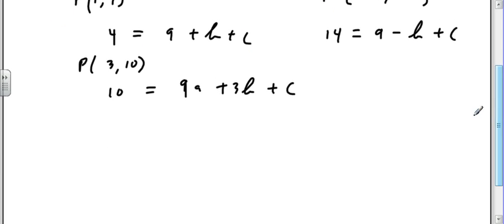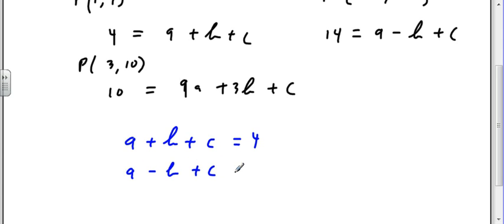All right, so now I have 3 equations, 3 unknowns. a plus b plus c is 4. a minus b plus c is 14. And I have 9a plus 3b plus c equals 10.